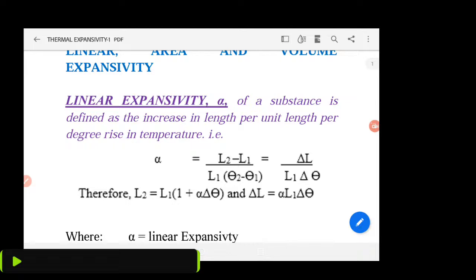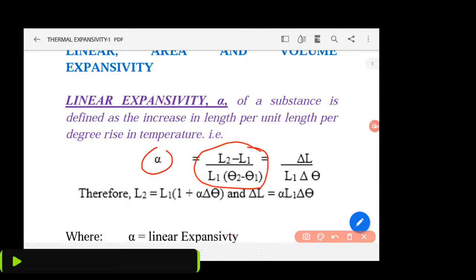That is when expansion occurs in just one dimension. That is when we refer to it as linear expansion. And the coefficient of that expansion is what we're looking at here as linear expansivity. And as you can see on our screen, you can see the formula for linear expansivity. The linear expansivity symbol is alpha, as you can see here, and linear expansivity is equal to this formula here.